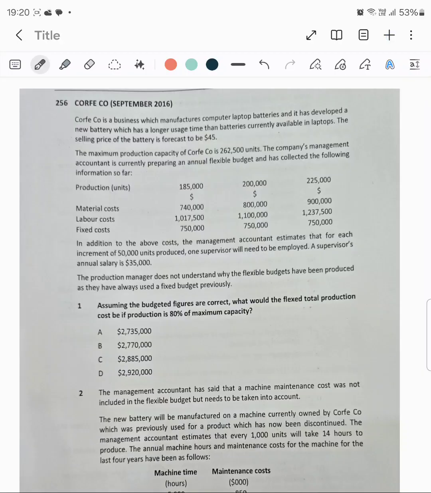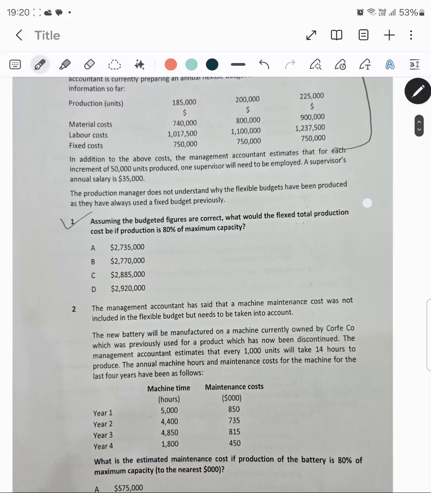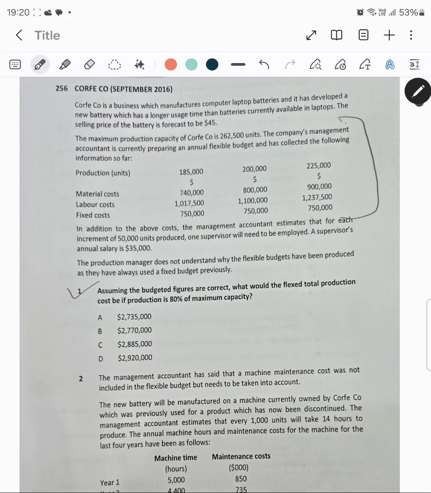Now when we read this portion of the question, we might say that we can calculate the semi-variable cost with the help of the high-low method, because several levels of activities are given.